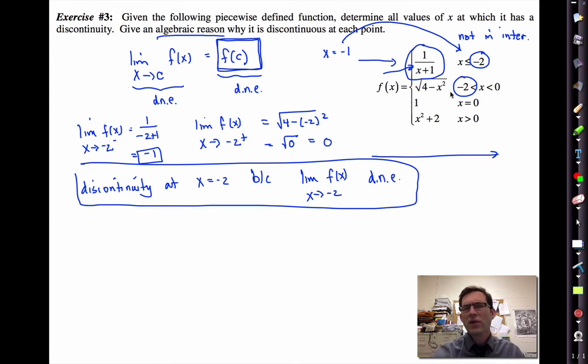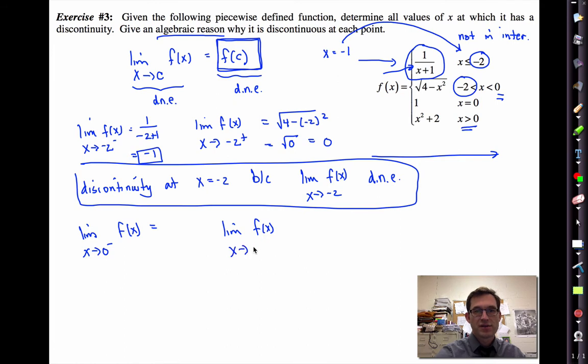All right, now I'm going to keep moving along. I'm going to hit x equals 0. I'm going to ignore this for a minute. Let's take a look there. Maybe the limit doesn't exist there either. Let's take a look at the limit as x goes to 0 from the left of f of x and the limit as x goes to 0 from the right of f of x.